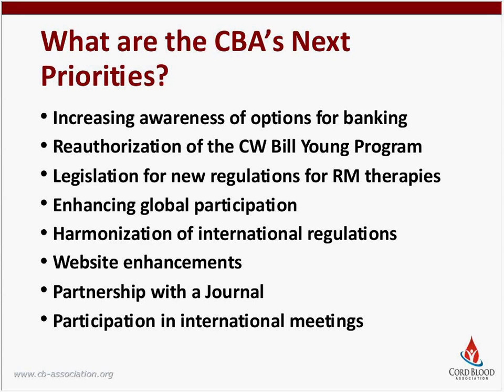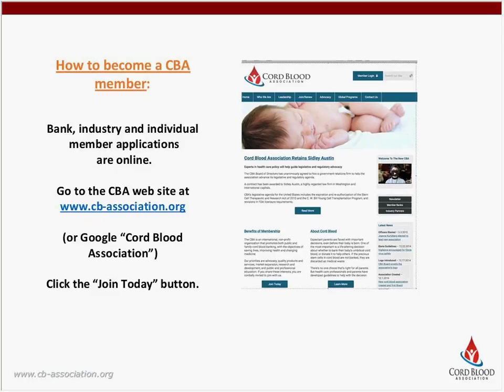And it is very easy to become a CBA member. It can be a bank, an allogeneic or a public or private corporate bank. It can be related industry, individual members. And these applications are online when you go to the CBA website, or you can Google Cord Blood Association.